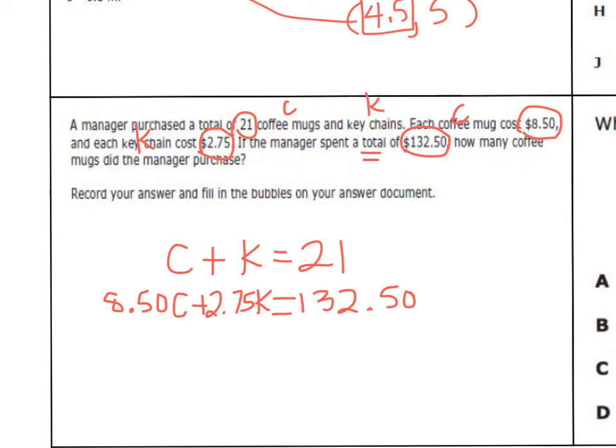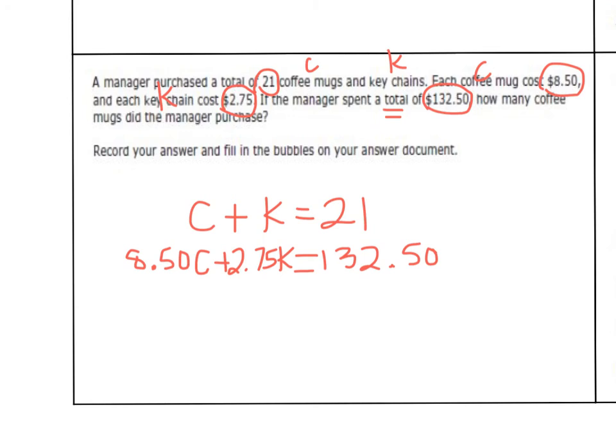From here, again, you can either graph the two equations or put them in the calculator page menu 3-2 to find the solution. Once you find your solution, remember that you're going to get your solution in the XY form, which in this case the C will come first and then the K. Our question is asking us how many coffee mugs, so we're going to want this value.